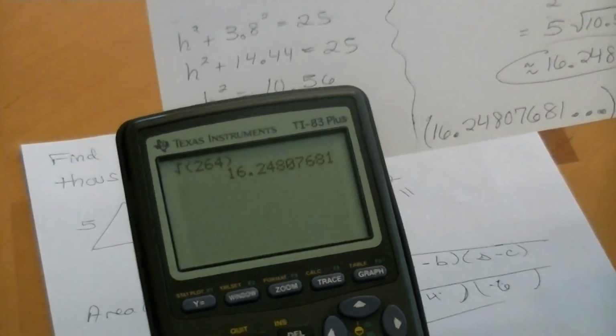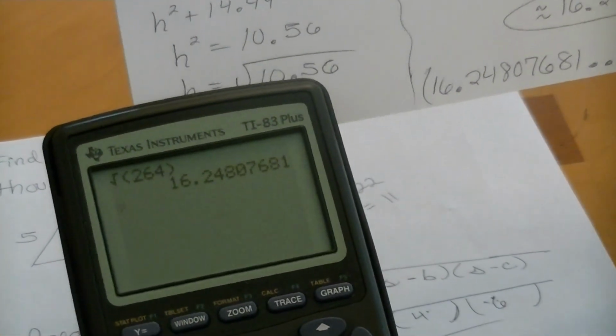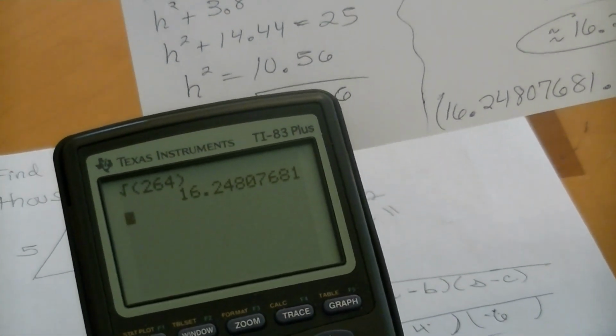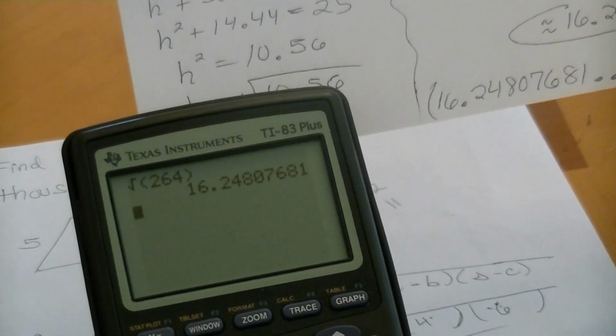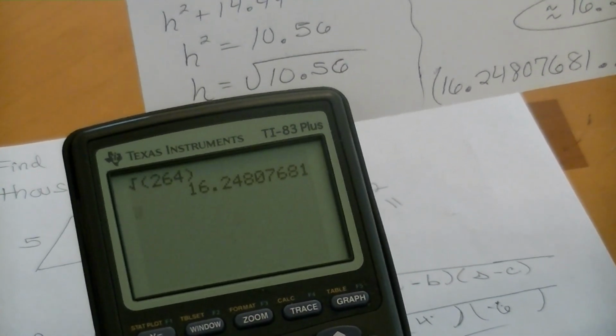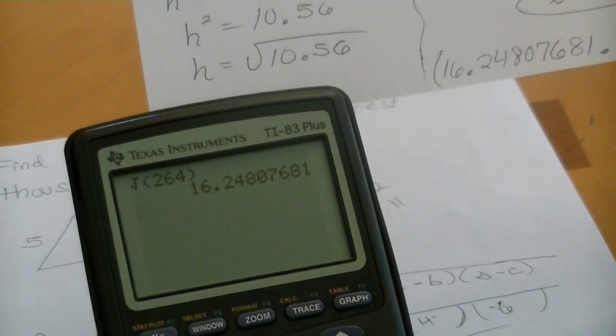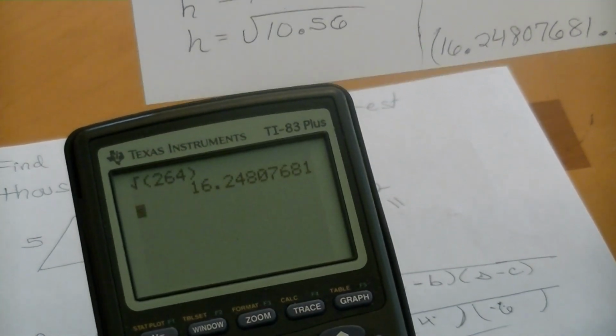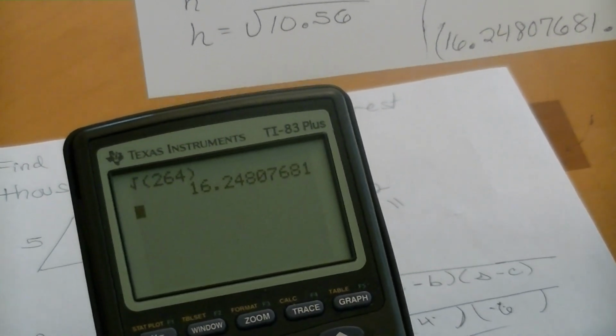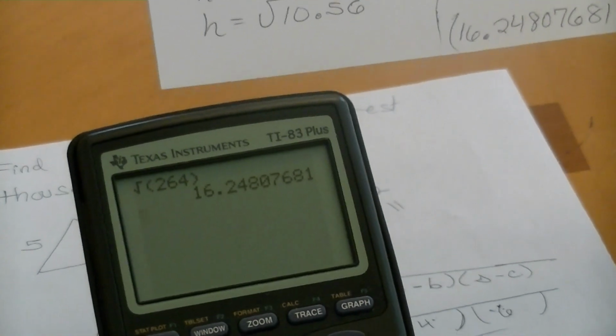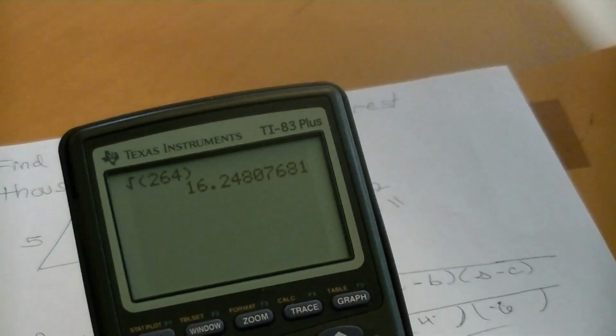And compare that to the previous answer, 5 root 10.56, that is the exact same number. 16.24807681, and those will keep going forever and keep matching. This is the exact area of a triangle, Heron's formula.